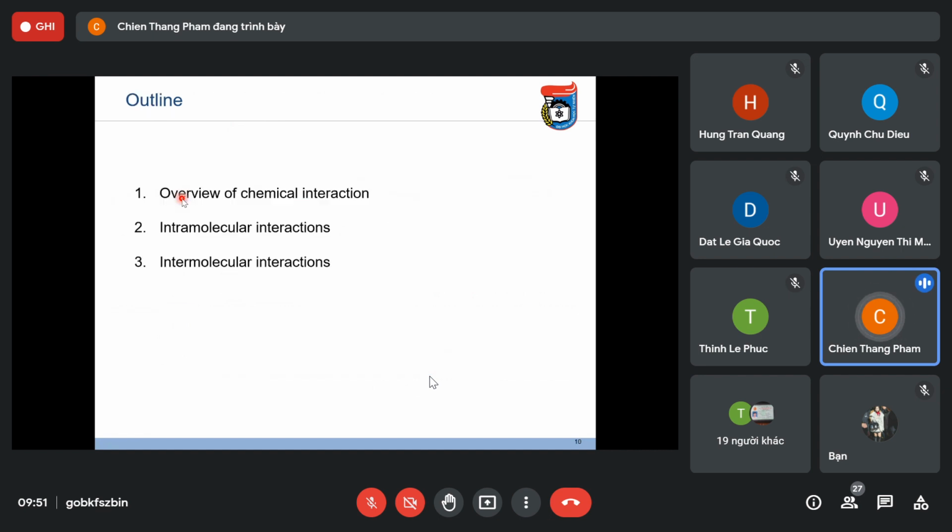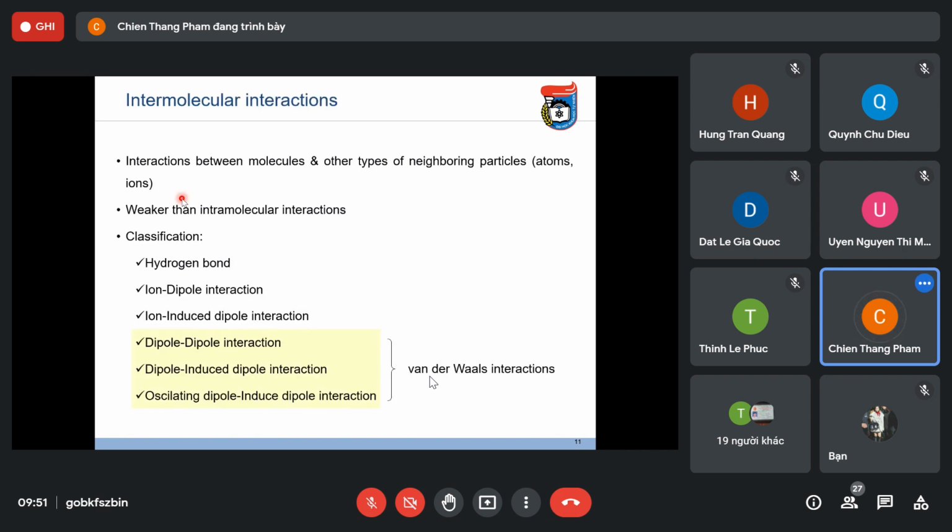The next point is about intermolecular interaction. As I have mentioned, the intermolecular interaction is the force describing how particles affect each other. It is between the particles, not inside a group of particles. Normally the intermolecular interaction is much weaker than the intramolecular interaction.